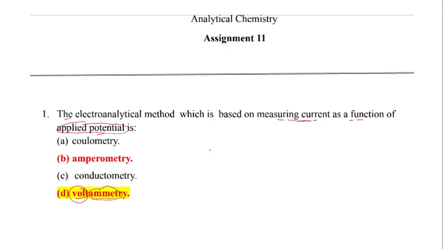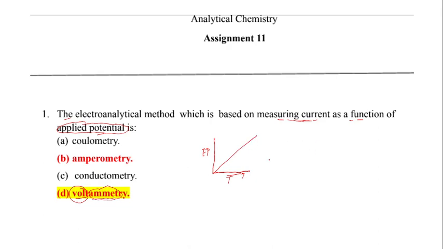We apply voltage in different fashions. Suppose you are applying voltage with time. The simplest method is applying voltage in a linear way, which means as time increases, your voltage also increases.